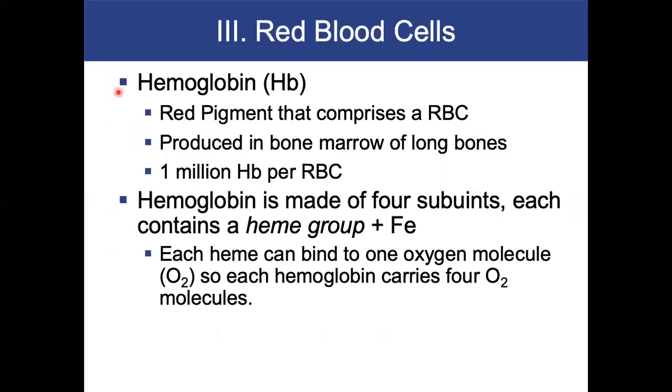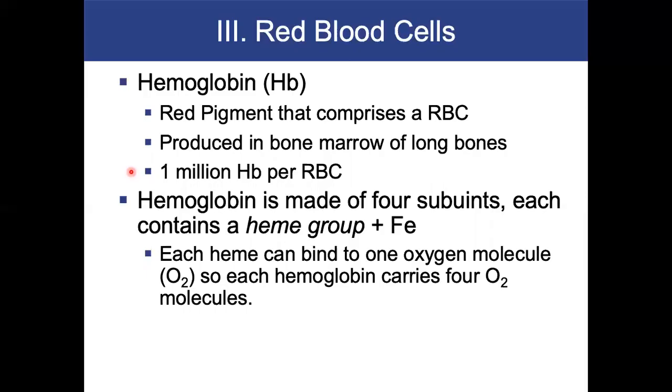Hemoglobin is the red pigment that comprises a red blood cell. Hemoglobin is produced in the red bone marrow of long bones. There are 1 million hemoglobin per red blood cell, right? Pretty crazy. And we have about 5 million red blood cells per cubic millimeter.